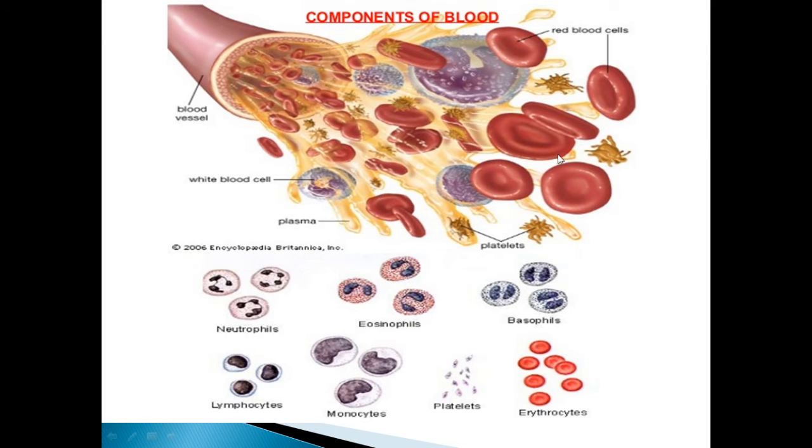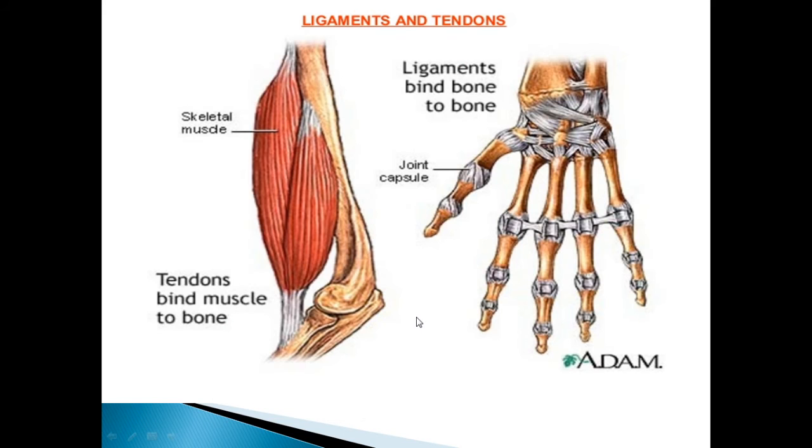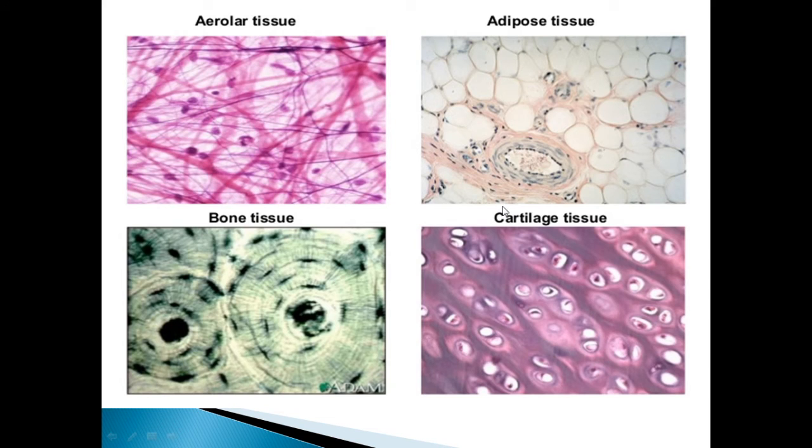So these are the components of blood: red blood cells, and these are white blood cells. This is a tendon which binds muscle to bone, and this is a ligament which binds bone to bone. So these are the structures of connective tissue.